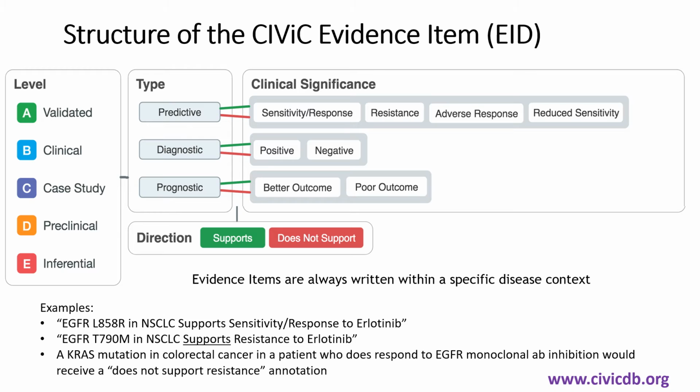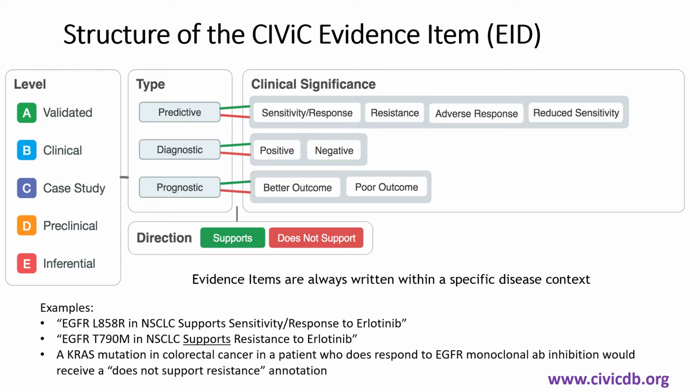Level C evidence is curated from a case study, including one or a small number of patients with no statistical analysis conducted. Level D evidence is curated from preclinical work conducted in cells, xenografts, animal models, or other types of laboratory results.